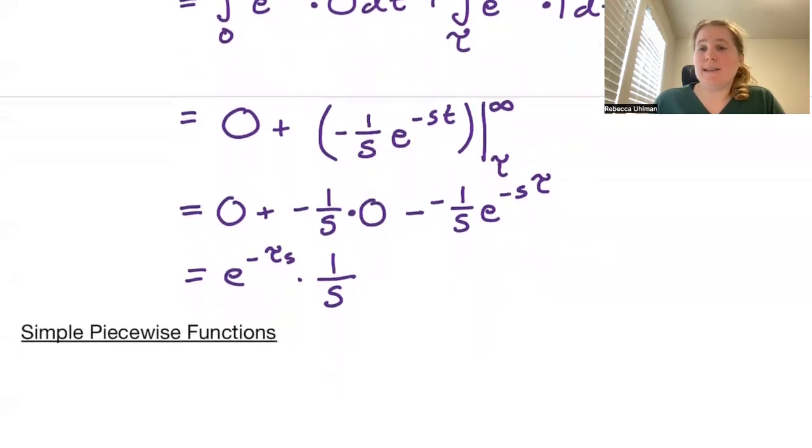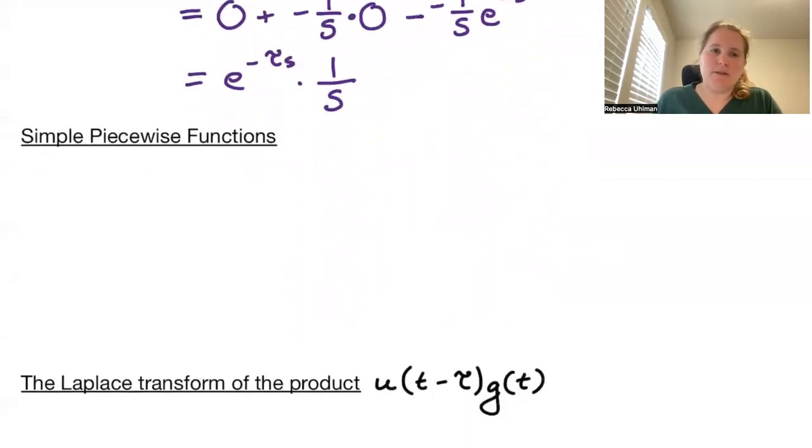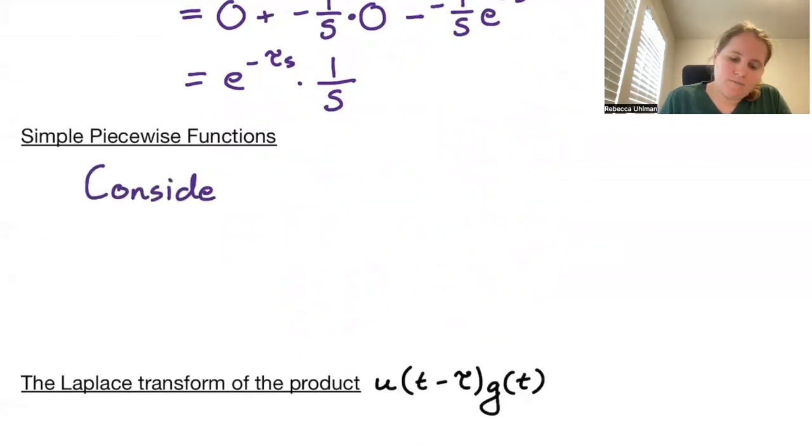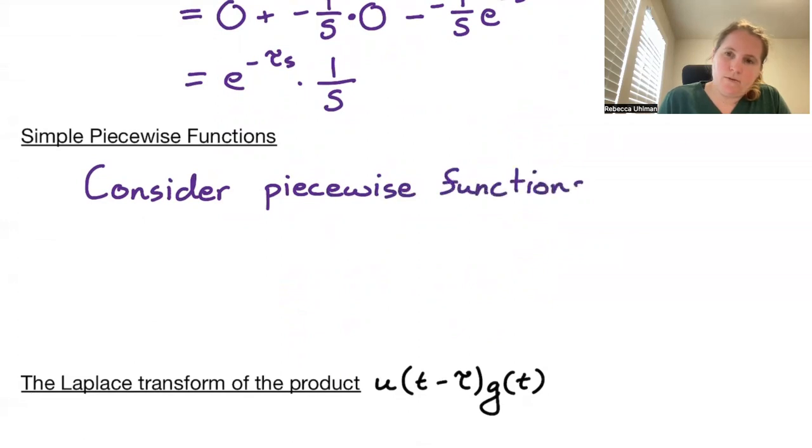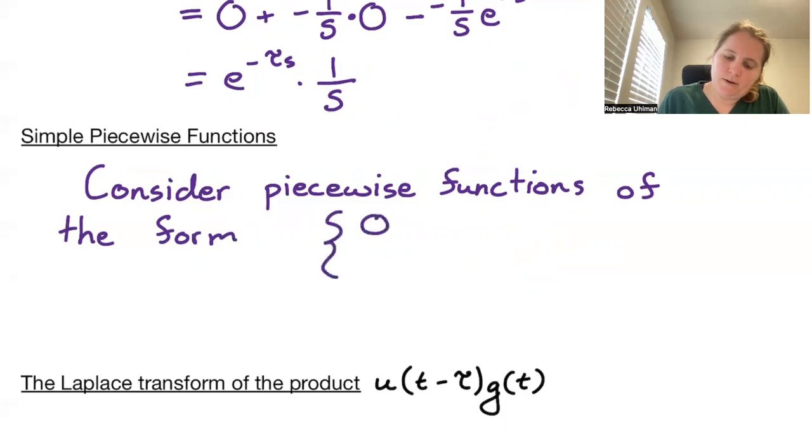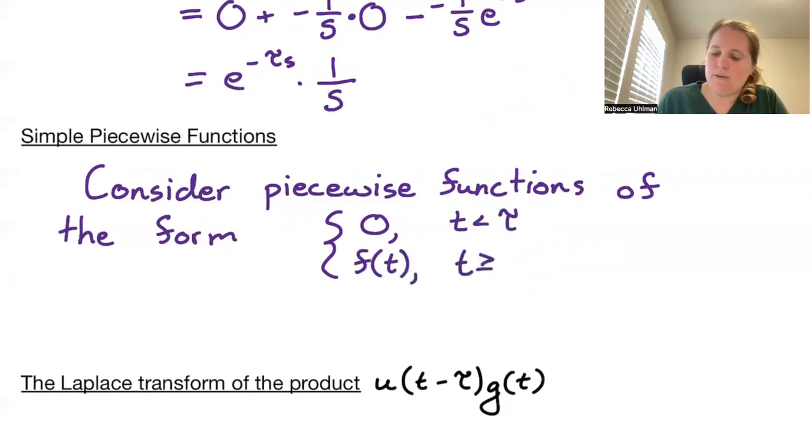Now let's move into just slightly more complicated piecewise functions. Let's consider piecewise functions of the form where 0 for t less than tau, and then f of t for t greater than or equal to tau.